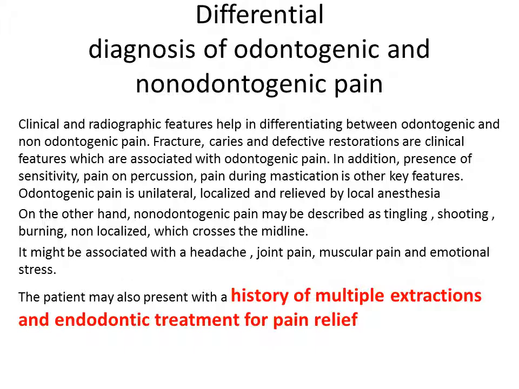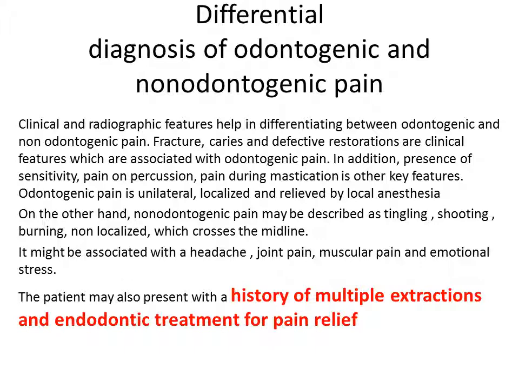Intraorally, check for fracture, caries, and defective restoration, because maybe this headache is related to odontogenic pain. Check sensitivity, percussion, and maybe pain from mastication, the muscles of mastication. Check if it is unilateral and localized. Is it relieved by local anesthesia? If it is, okay, these things are important.